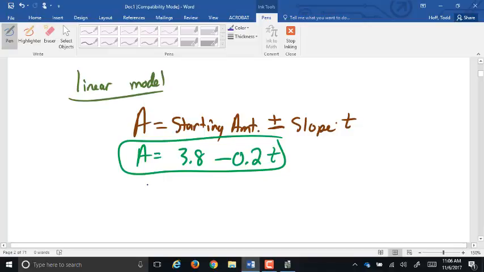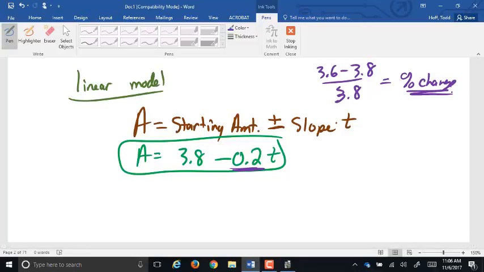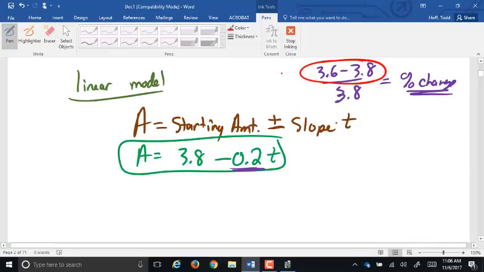That would give you this percent right here. 3.6 minus 3.8 divided by 3.8. That would actually end up giving you a percent change, which would be, if this were an exponential model, the way we need to find it. But since this is linear, all we really need is the top of this.